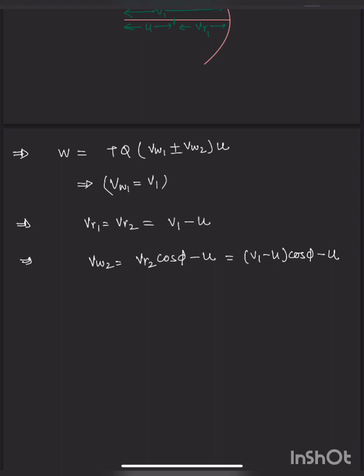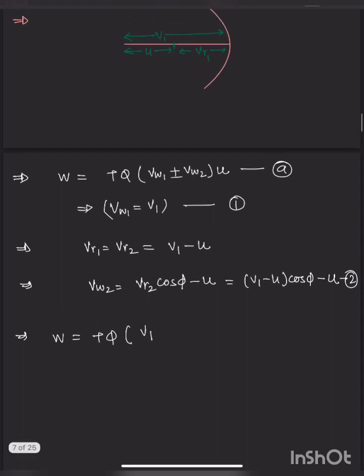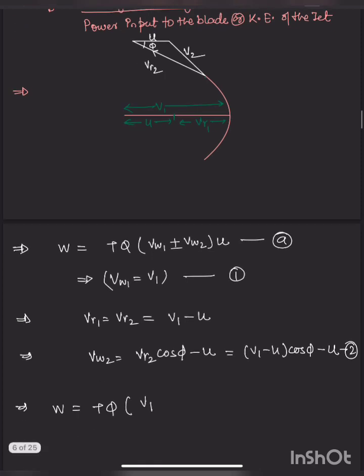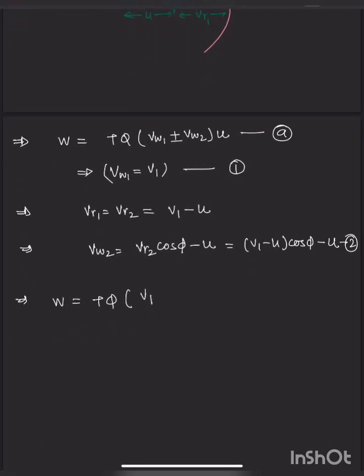Let us name this equation as number 1 and this equation as number 2. Putting the values from equations 1 and 2 in equation A, we have power W is equal to rho Q V1. Now let us decide whether a positive or negative sign will be considered. Since the direction of the jet at the exit of the blade is opposite to the direction at the entry of the blade, it will be added.